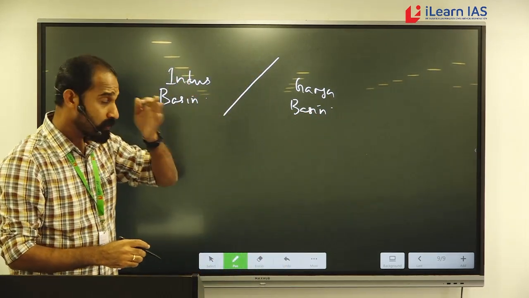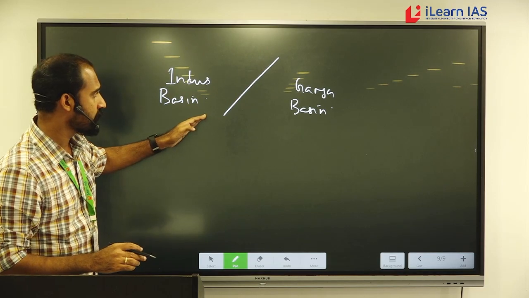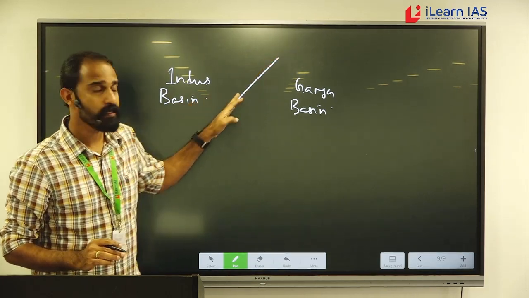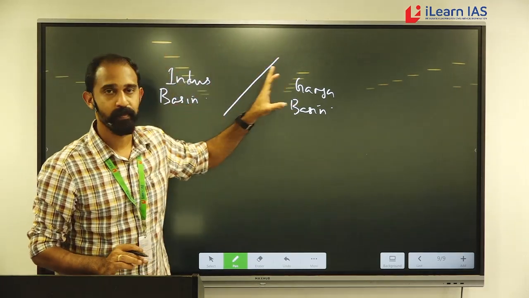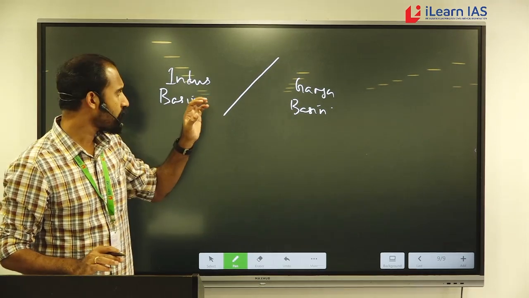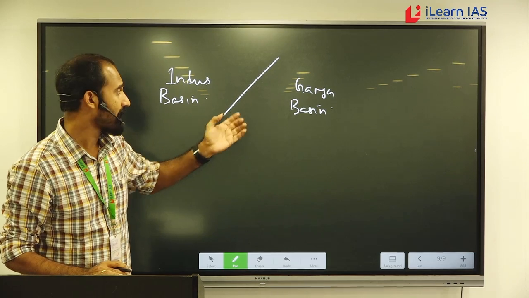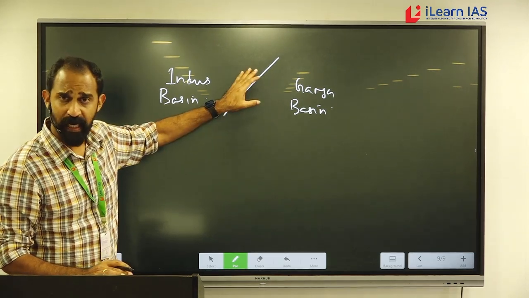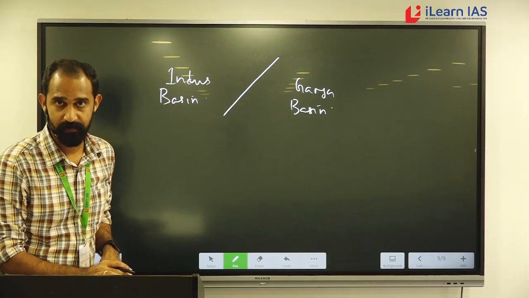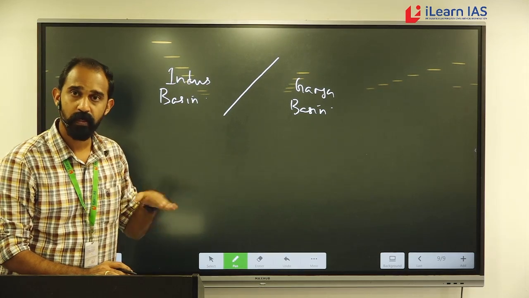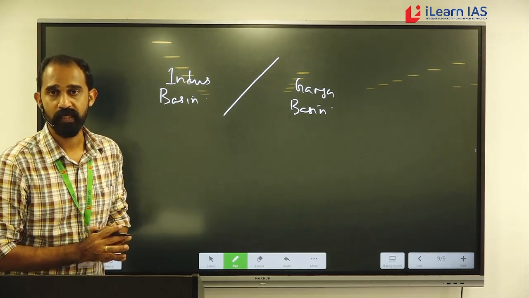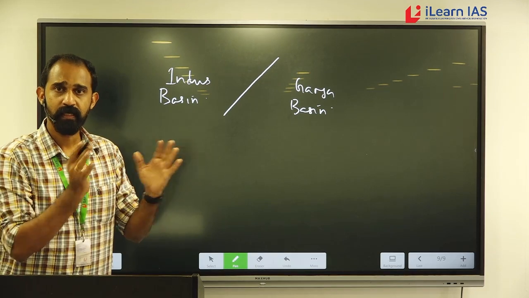So parts of Haryana act as the water divide between Indus basin and the Ganga basin. However, you cannot specifically see any mountain range or anything there. It is an area of slightly higher elevation than the neighboring areas, acting as the boundary between two important river systems of South Asia, Ganga river system and the Indus river system.